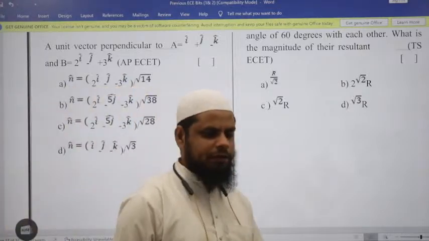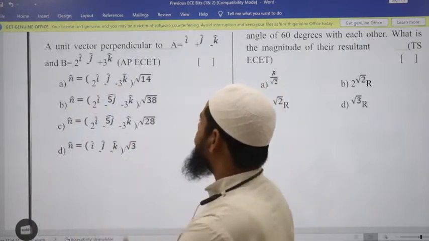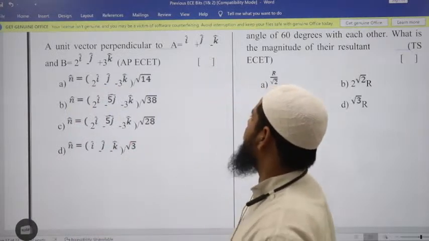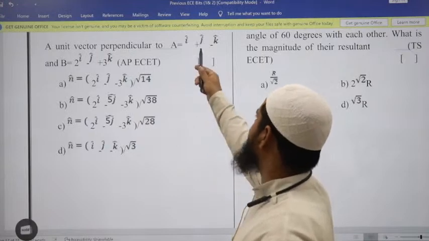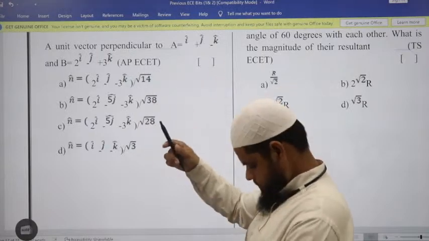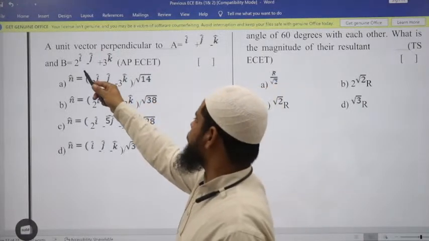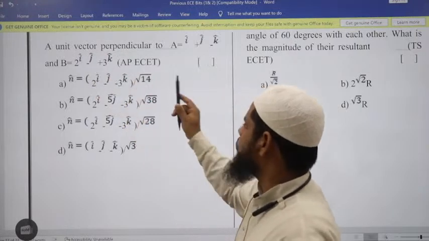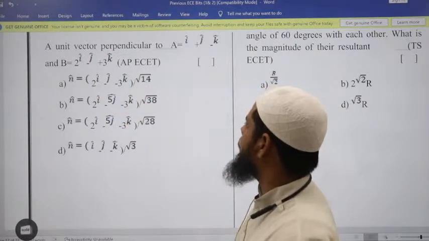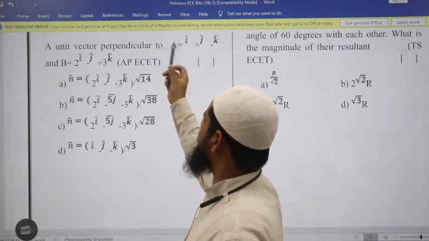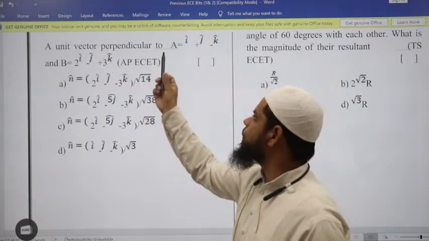Sorry, let's get back on. Listen. So first, a unit vector perpendicular to A and B.